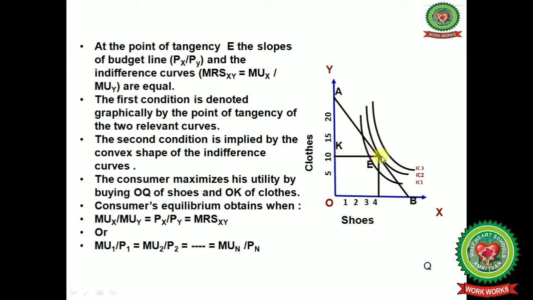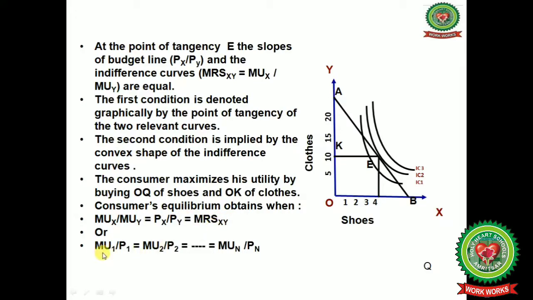Consumer's equilibrium is obtained when the marginal utility of X commodity divided by the marginal utility of Y commodity is equal to the ratio of the prices of both the commodities, and it is equal to the marginal rate of substitution of the two commodities, X and Y.